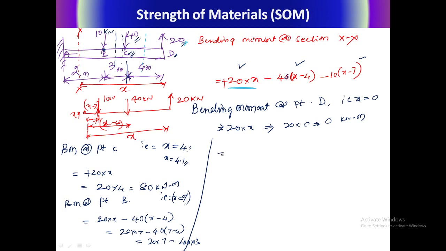Now how much did you get? 140 minus 120. You got 20 kilonewton meter. Right? Is it okay? Just check it. Is it clear?